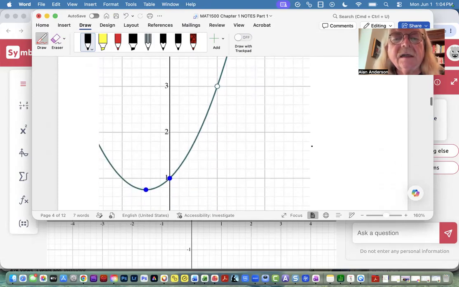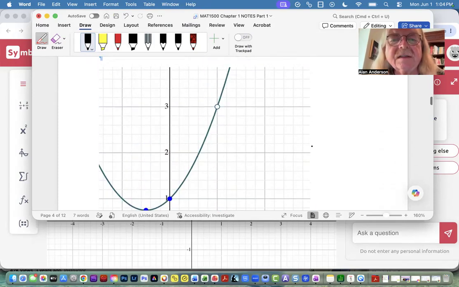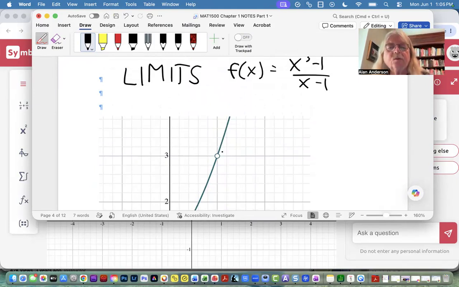And you can see, I think they chose this point because the point that's missing is 1 comma 3.